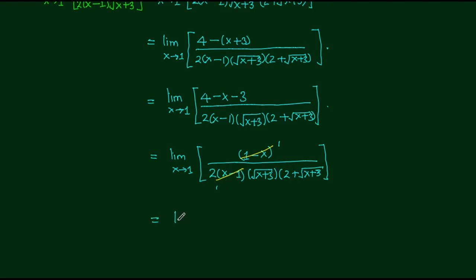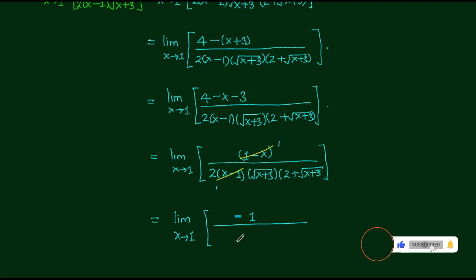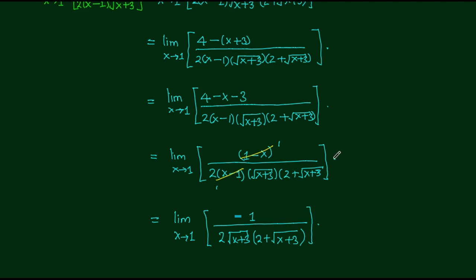So we can just brush it up by writing what is remaining as x tends to 1 of, from the numerator we just only have positive 1, and the denominator has reduced by 1 term, so we have here 2 times, we can say root x plus 3 multiplies 2 plus root x plus 3, and close our bracket up.